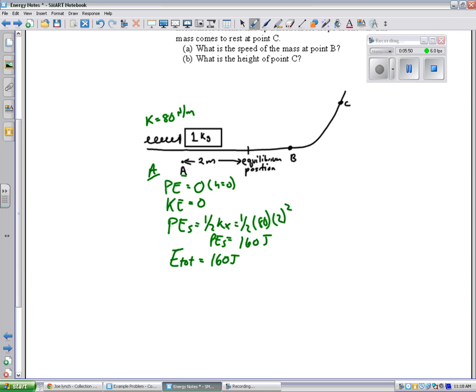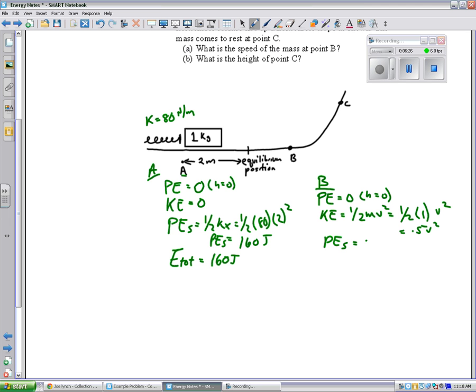Now, we want to look at B because it says what's the speed at point B. So at point B, its gravitational potential energy is still 0 because the height is 0. Now it's going to have some kinetic energy at this point. So 1/2 mv squared is 1/2 times 1 times v squared, which is 0.5 v squared. Now, it's no longer attached to the spring because once the spring gets to its equilibrium position, the mass flies away from it.